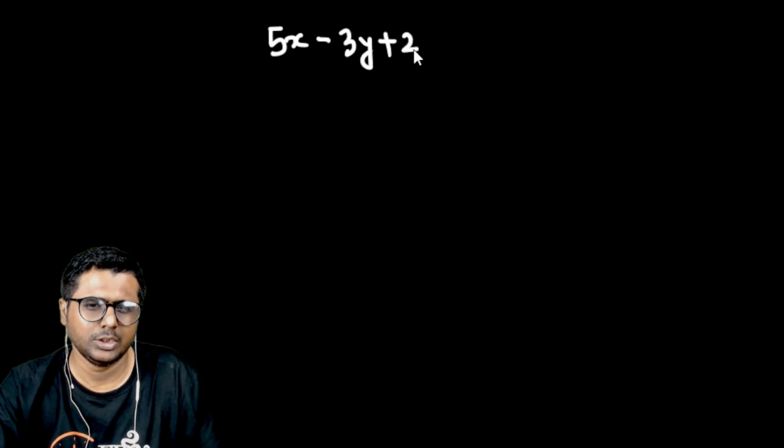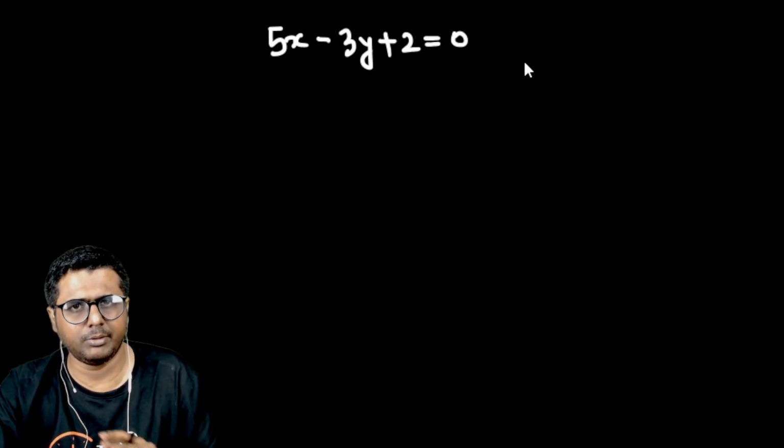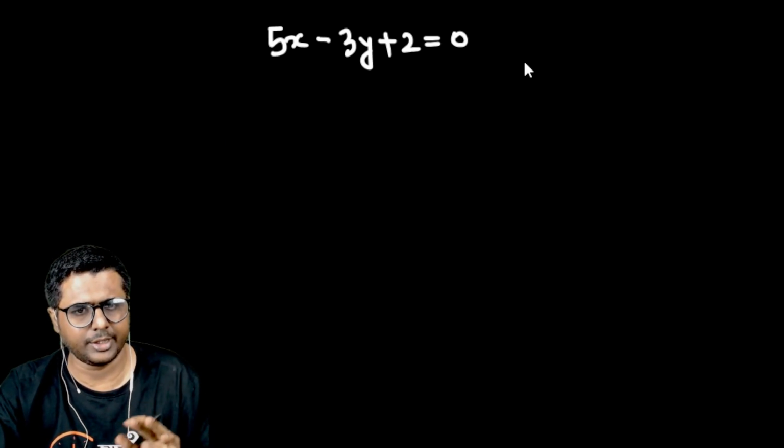Our next type of problem: suppose it is given to me that an equation is 5x minus 3y plus 2 is equal to 0. Many a time it is said, I am doing one problem with all the questions that can come from it.